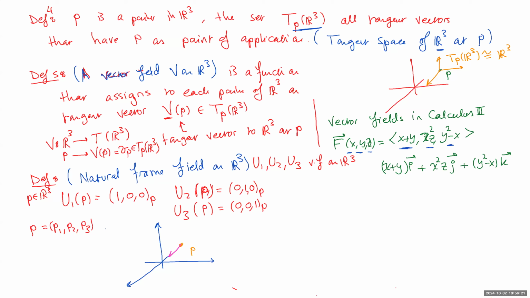If we go in this direction, this is going to be U1 at P. This is equivalent to I. But remember here, our vectors, we can assign an initial point to them.